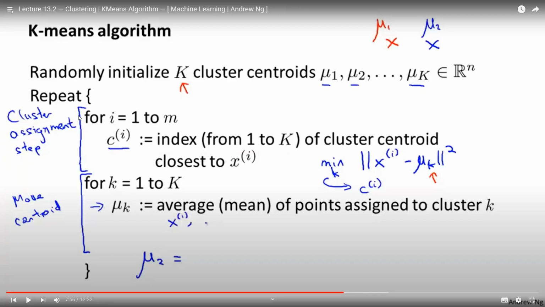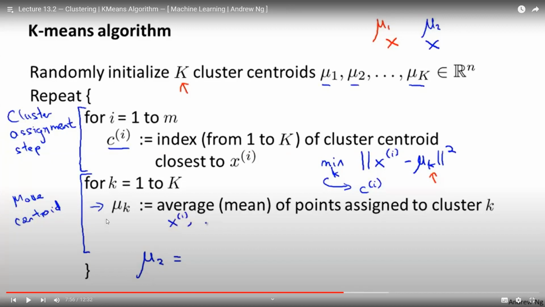So in the first step, we do cluster assignment by calculating the distance between the training sample and the current centroid, which is mu k. And as Andrew mentioned, this is the small letter k. What does capital K mean? Capital K means the total number of clusters that we use.